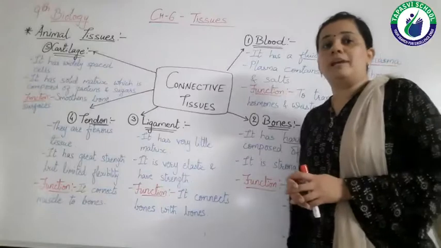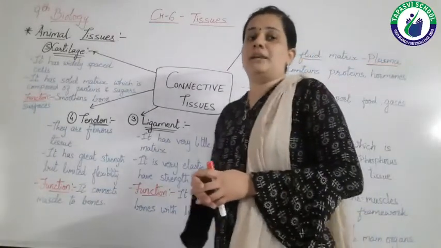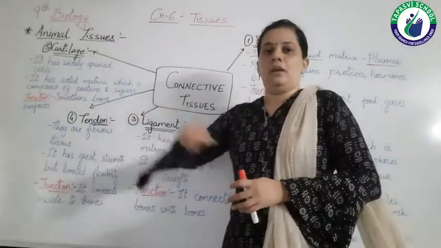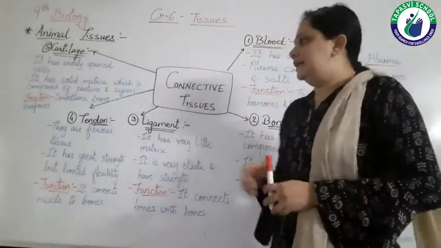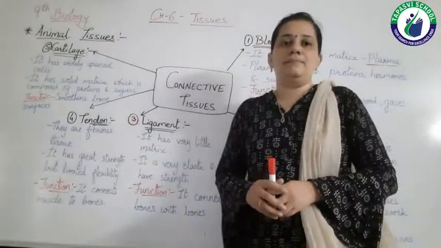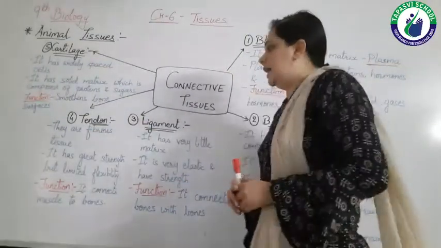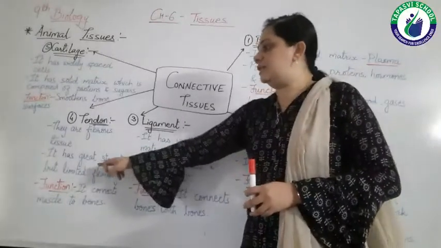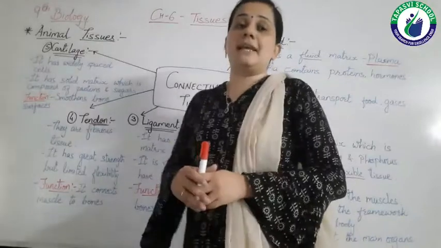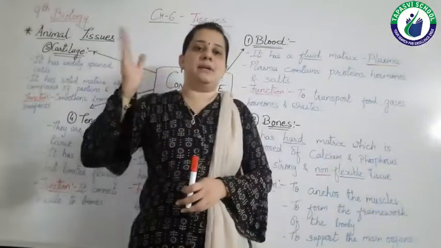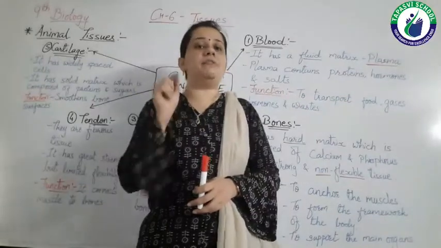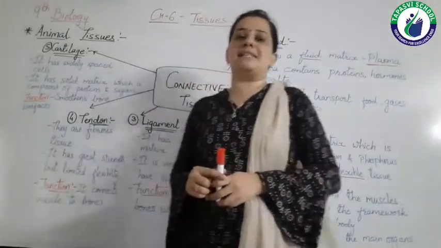Right? Now the next connective tissue that we are going to study is tendon. Tendons are fibrous tissues. They are like fibers and have great strength but limited flexibility. It means tendons are not so flexible. They have strength but very little flexibility.